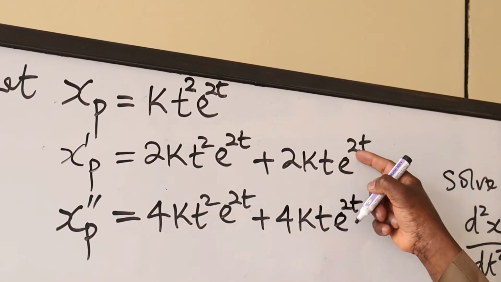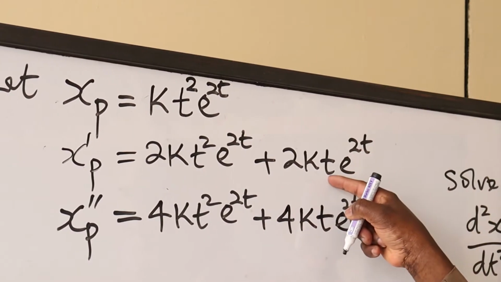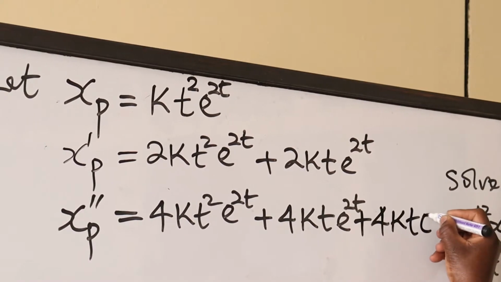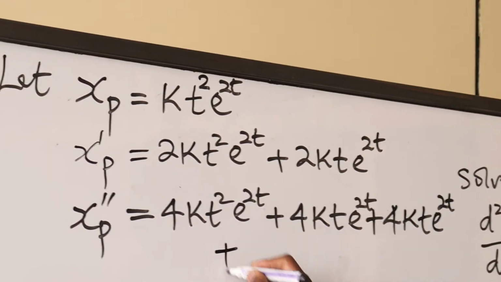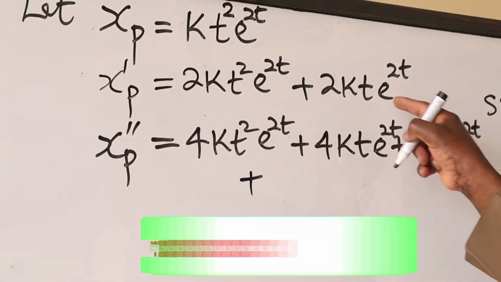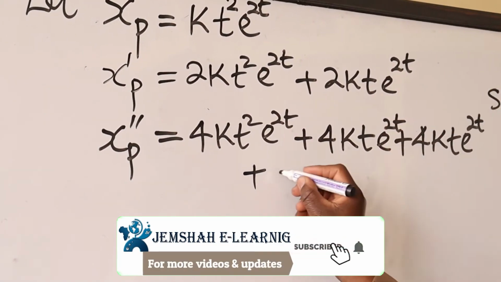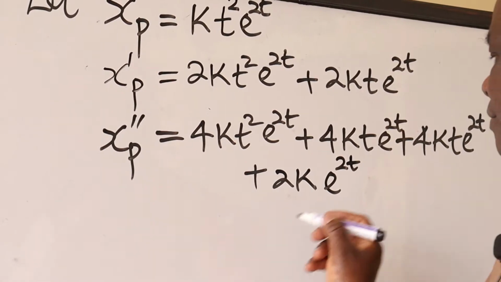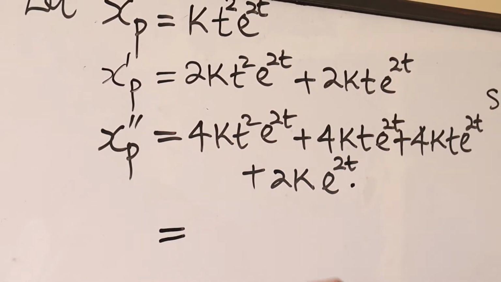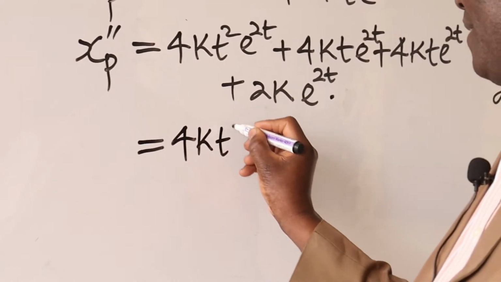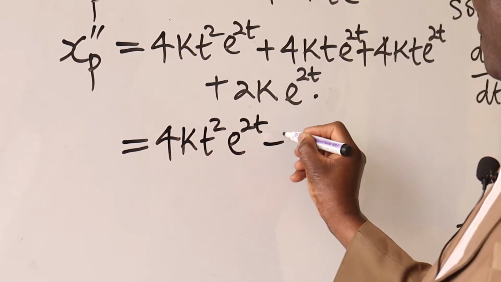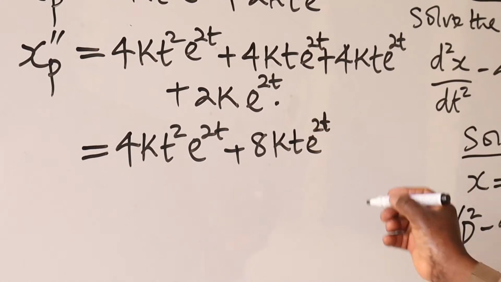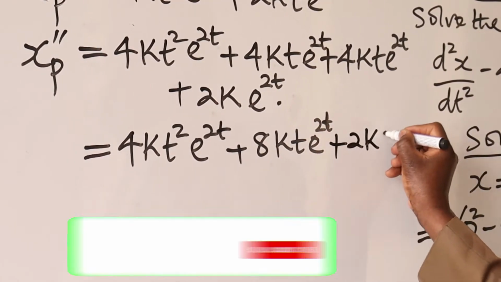We come to this, we differentiate exponential 2t, we keep t constant, so it will be plus 4k t e power 2t plus, now we keep exponential 2t constant, differentiate t, we get 1, we get 2k exponential 2t, which simplifies to 4k t squared e power 2t plus 8k t e power 2t plus 2k e power 2t.